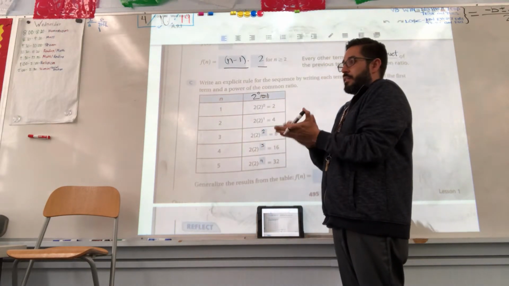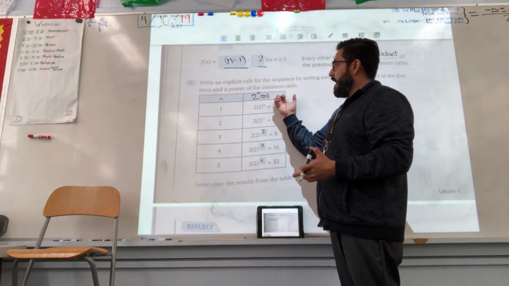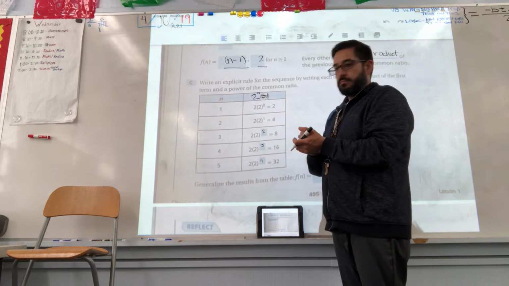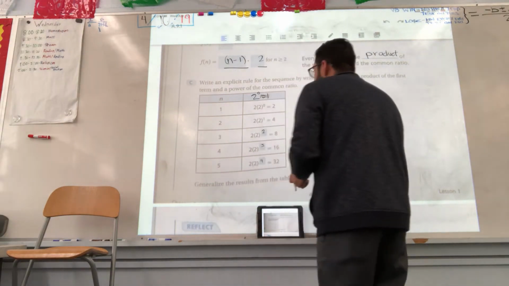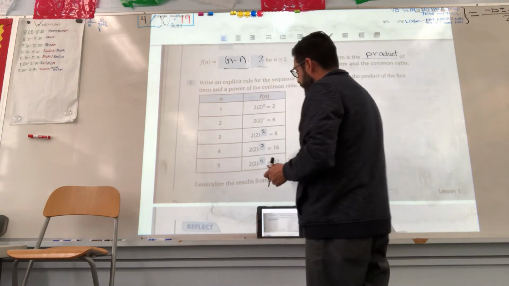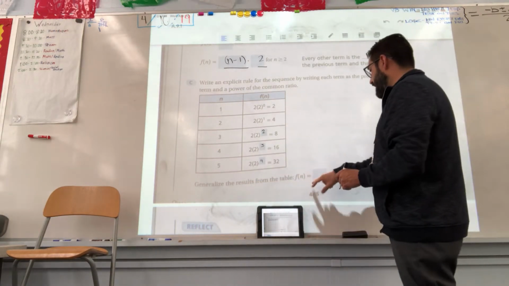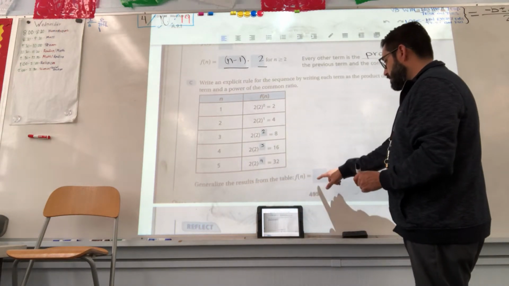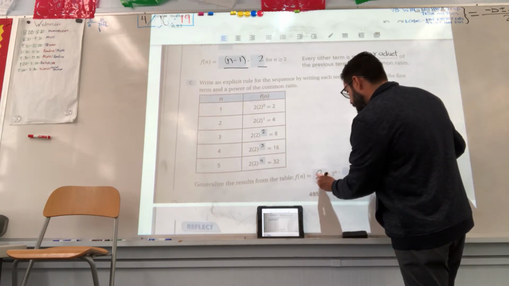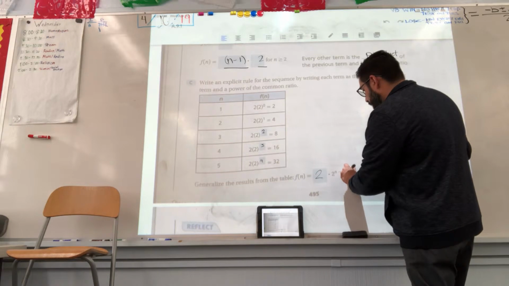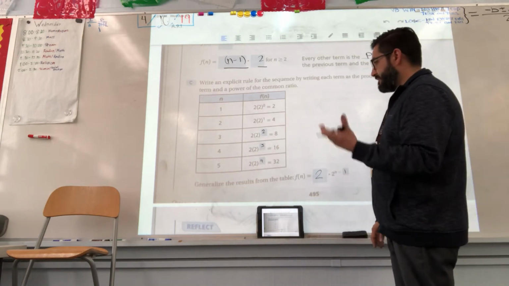That's not how many layers you would have if you had 0 folds, right? Anyways, that's that. So the generalized result for the table is the function of n equals 2 times 2 to the n minus 1 power. That's all that this is saying.